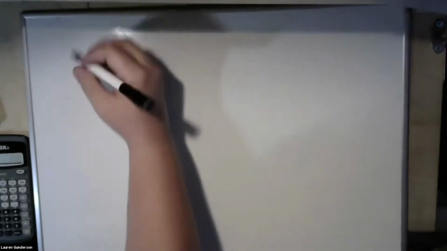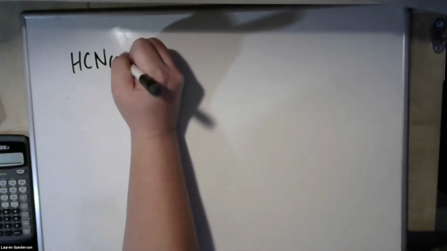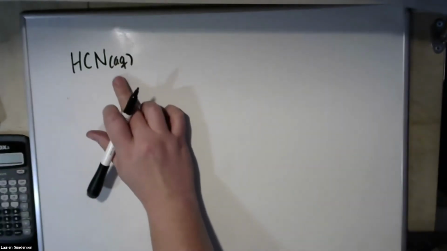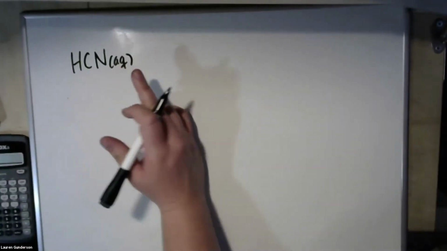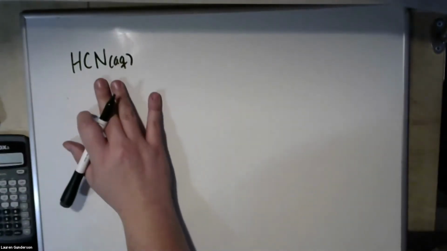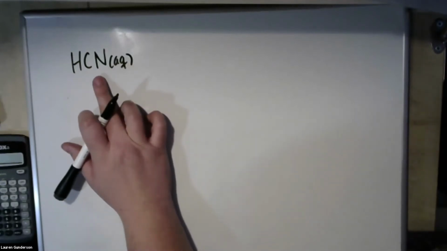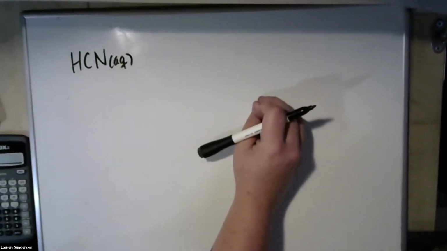We're looking at this HCN solution, and you can assume that all of your weak acid solutions are going to be aqueous, so they're all going to be reacting with water. The first thing you probably want to do when you're dealing with a weak acid or a weak base solution is take the weak acid or weak base you're looking at and write out its reaction with water.